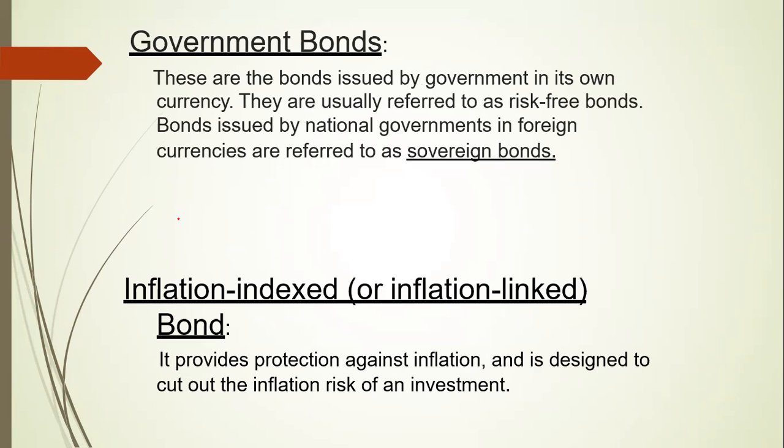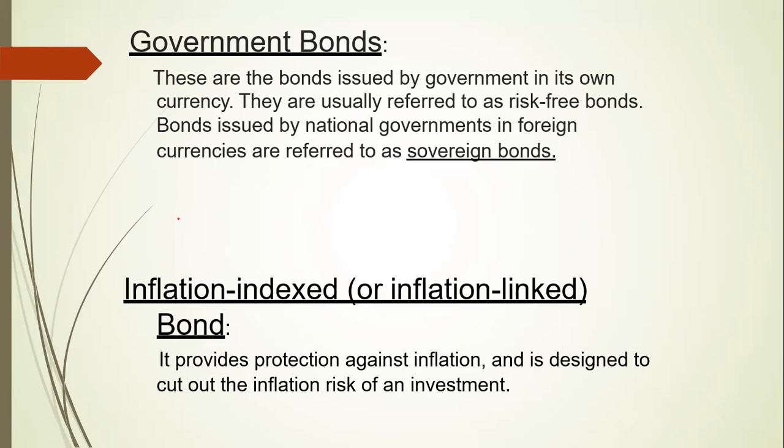Okay. Next is government bonds. These are what we call risk-free bonds. These are the bonds issued by the government in its own currency. They are usually referred to as risk-free bonds, because since they are issued by the government, there is no risk. Bonds issued by a national government in a foreign currency are referred to as sovereign bonds.